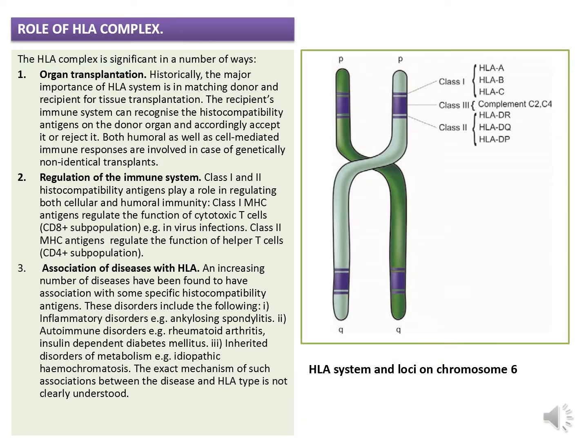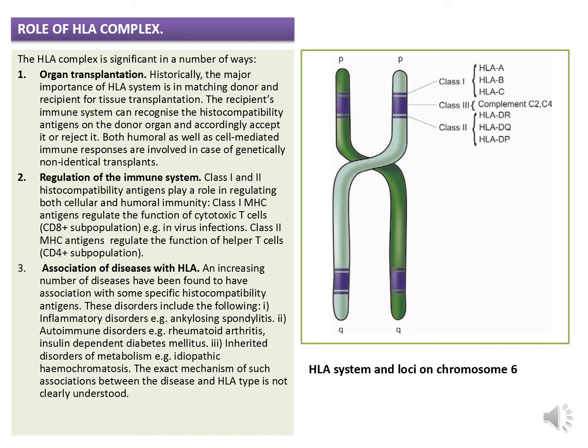Role of HLA complex. HLA complex is significant in a number of ways. First, organ transplantation. Historically, the major importance of HLA system is in matching donor and recipient for tissue transplantation. The recipient's immune system can recognize the histocompatibility antigens on the donor organs and accordingly accept or reject it.